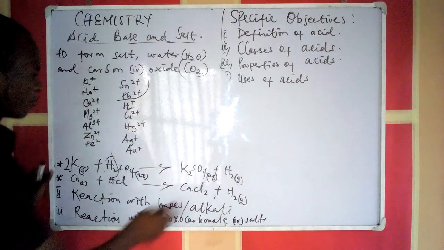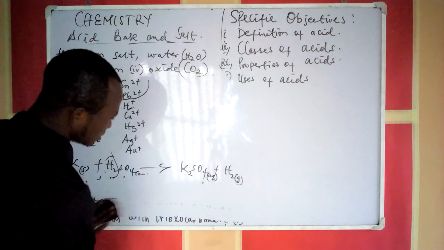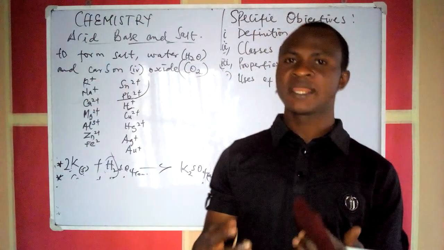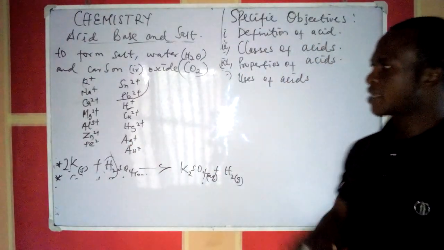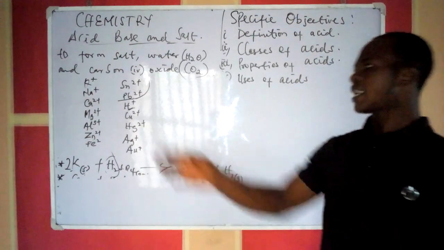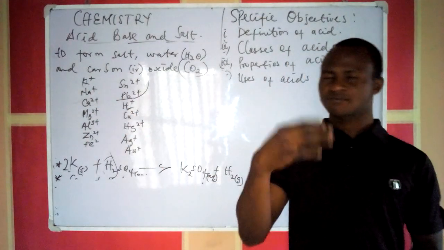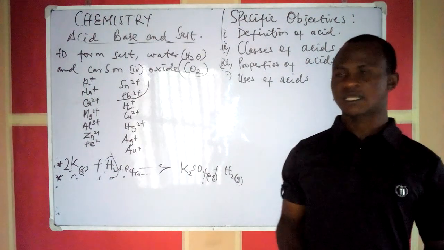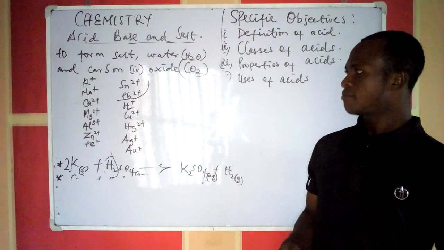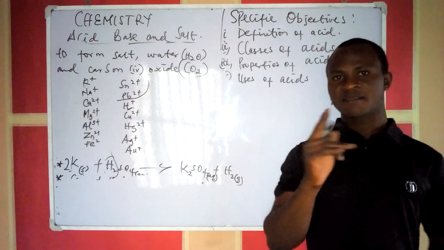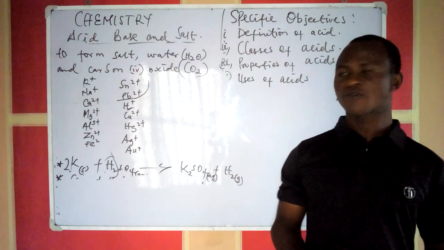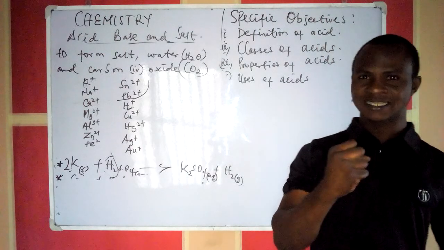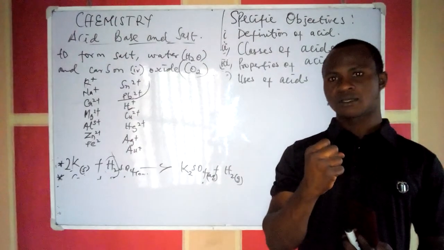Now, there is something you must note down. We have many acids, like I gave to you, but not all acids can undergo this type of reaction to liberate hydrogen gas. Trioxonitrate(V) acid is exempted from this reaction. Why? It is a very strong oxidizing acid.